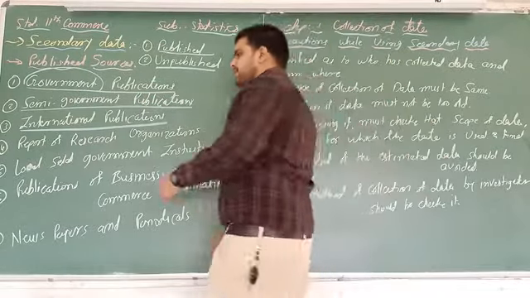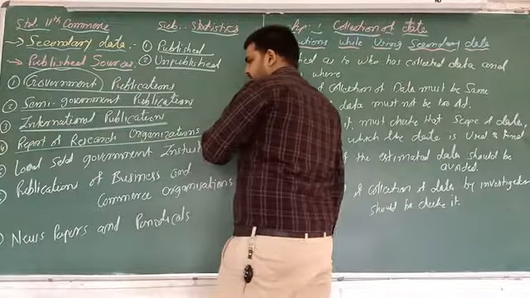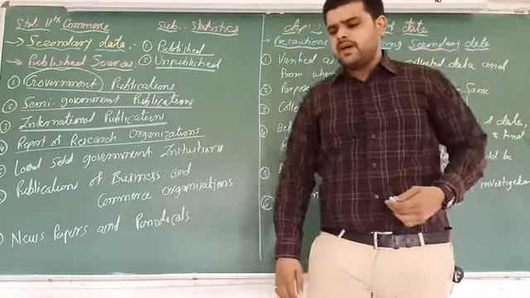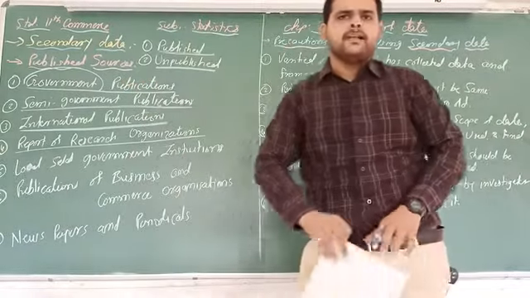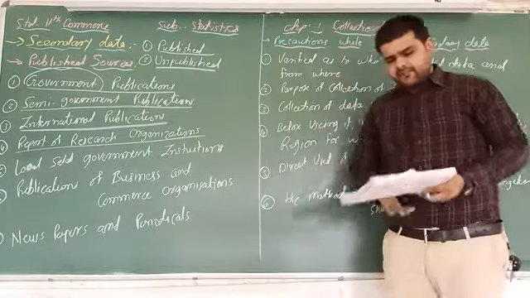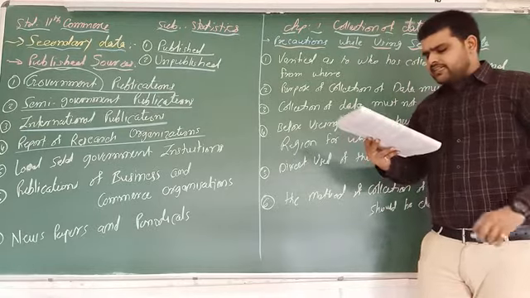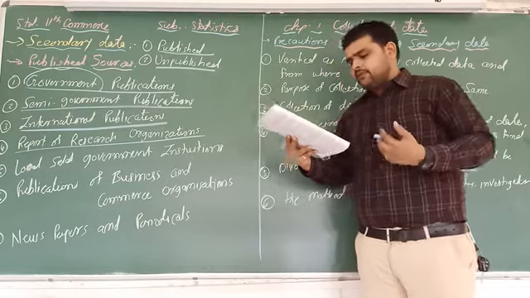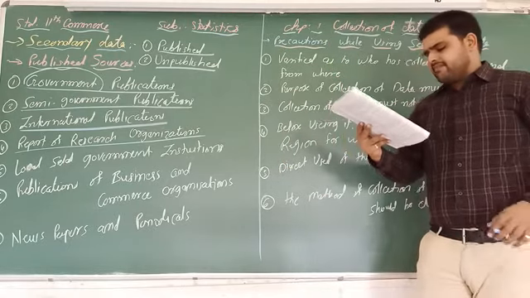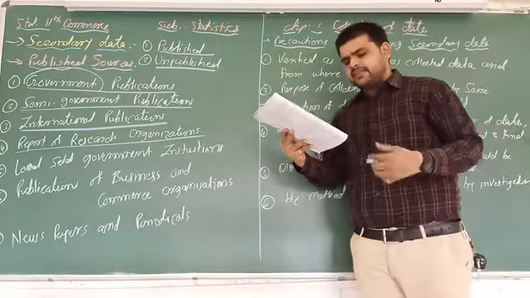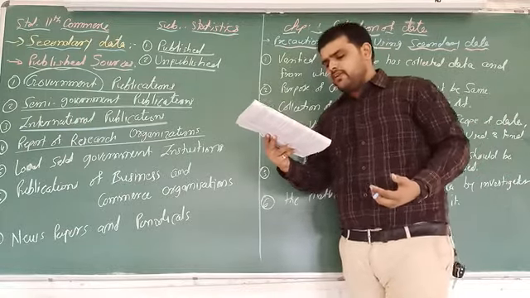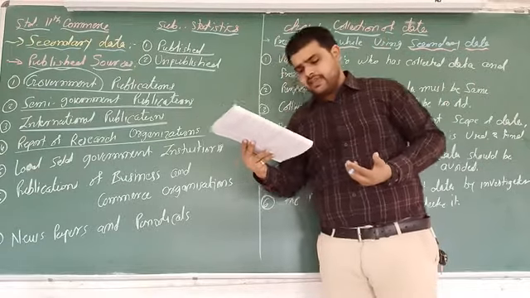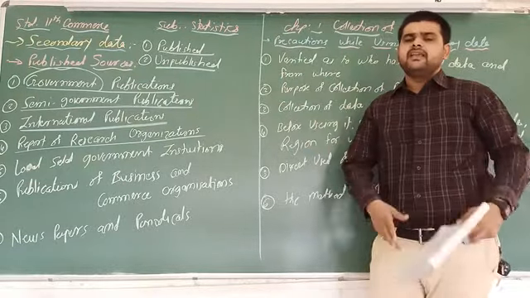Next, number 4, reports of research organizations. Some research organizations publish various types of data in the market. For example, research institutes like Ahmedabad Textile Industry Research Association, Physical Research Laboratory Ahmedabad, Salt and Marine Chemicals Research Laboratory Bhavnagar, Institute of Economic Growth Delhi, National Council of Applied Economic Research New Delhi provide data in their publications.